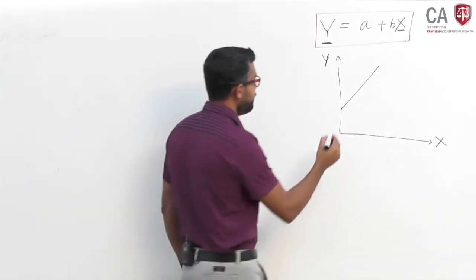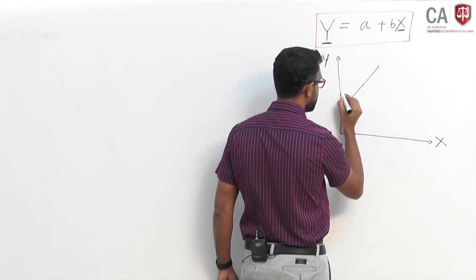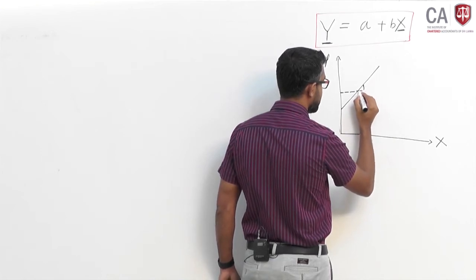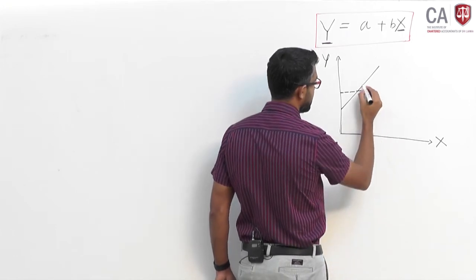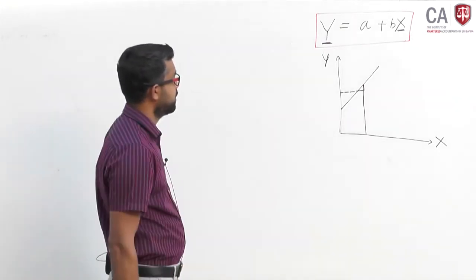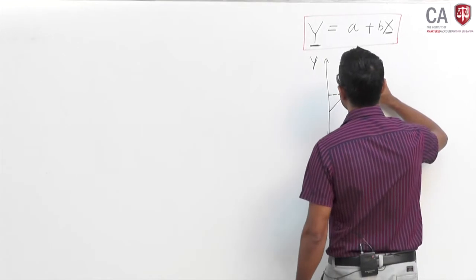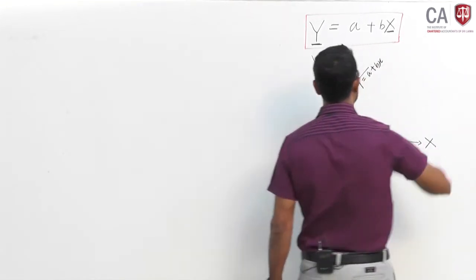So we are going to identify the slope, which is this. Right? So we are going to identify regression. So this equation is what? Y equals A plus Bx.